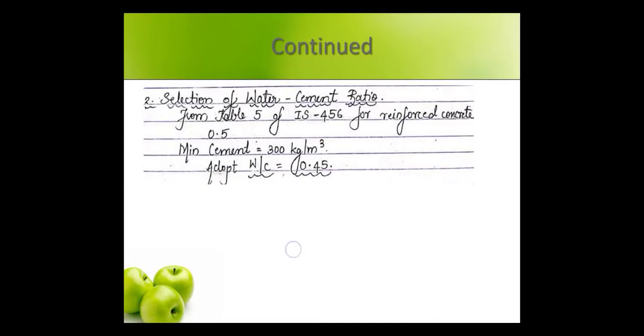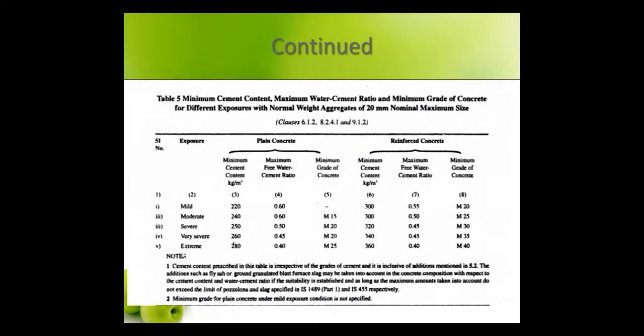Then the second point is selection of water cement ratio. Again from table number 5 of IS 456 for RCC, the required water cement ratio will be obtained. Yesterday I already explained this table for you all. So exposure condition, then mild, plain concrete, reinforced concrete.